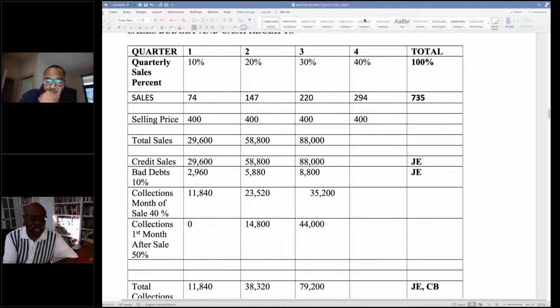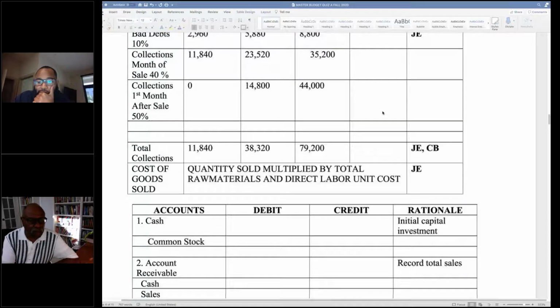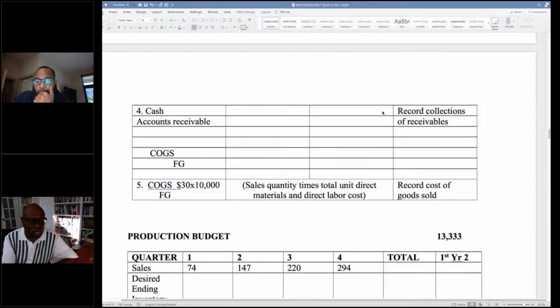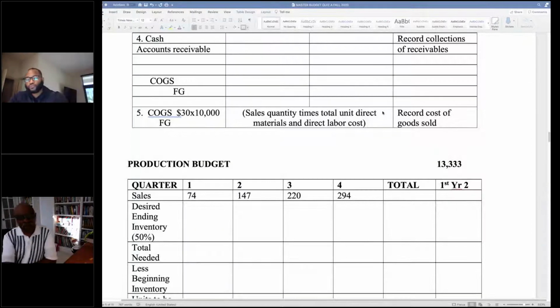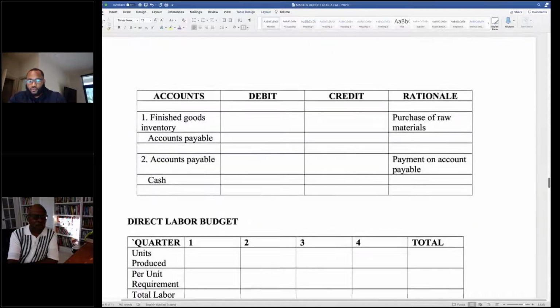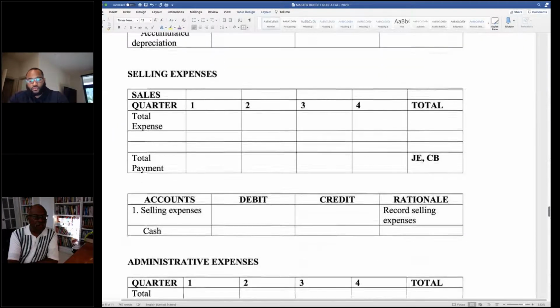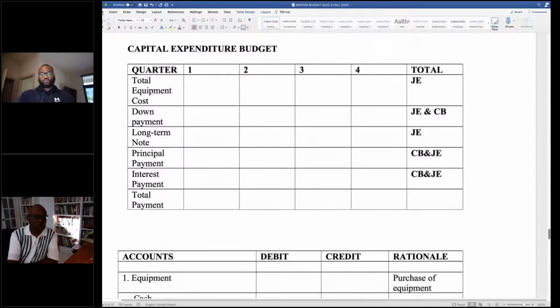Okay, so let's begin to look at these and what we're trying to do. We've done the top part of the cash budget, and we know how much money is coming in.